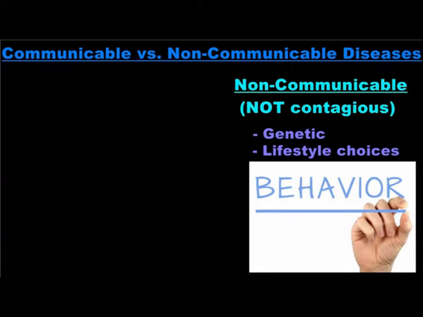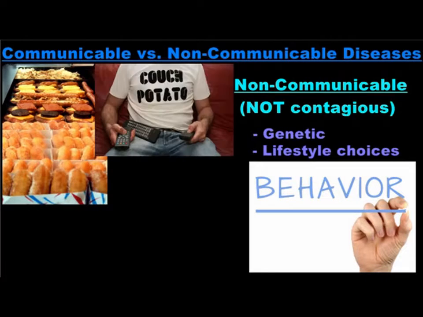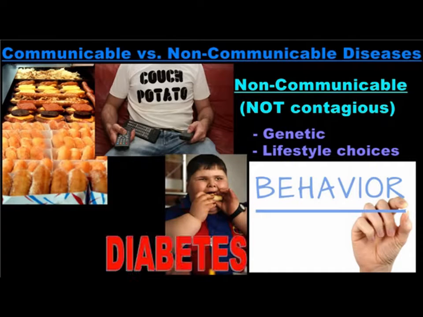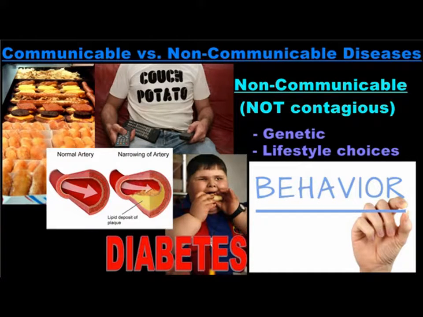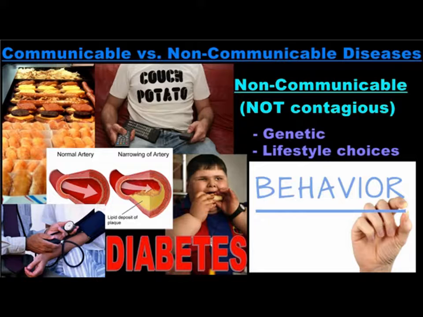Many non-communicable diseases are the result of lifestyle choices and behavior. A poor diet and physical inactivity, for example, can lead to obesity, diabetes, cardiovascular disease, high blood pressure, and many other conditions.